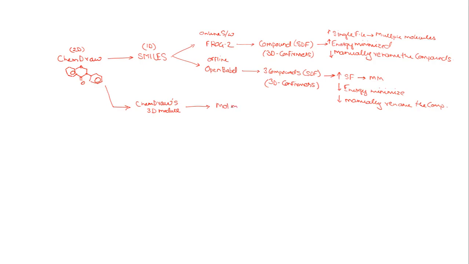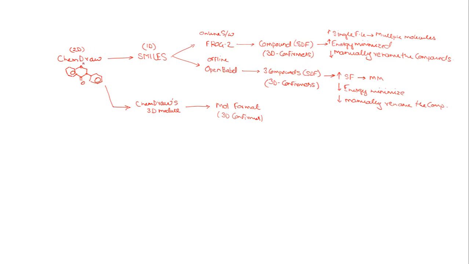Sorry, we have converted the 2D molecule directly into mol format, right? And this is also a 3D conformer, but in a different format. In those two software, using Frog2 and using OpenBabel, we have converted into SDF format.